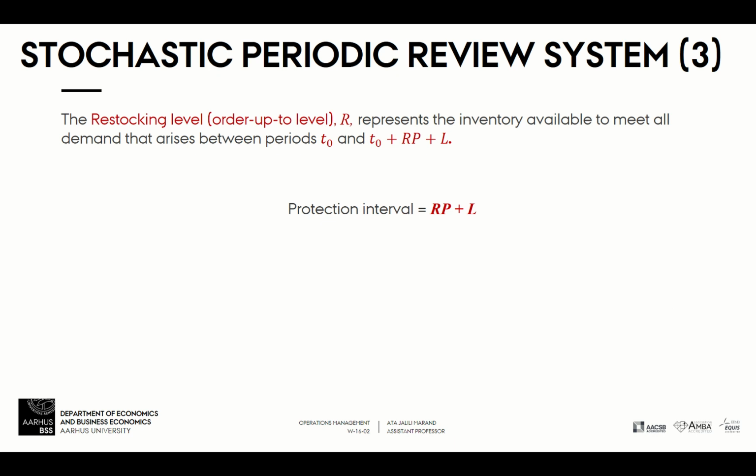So what we want to do is to determine the restocking level in order to protect our system from stockouts over a period of length Rp plus L. If you remember from the continuous review system, the protection interval there was L. So we wanted to protect our system against stockout shortages over a period of time equal to the lead time L, and we did it by choosing an appropriate reorder point.